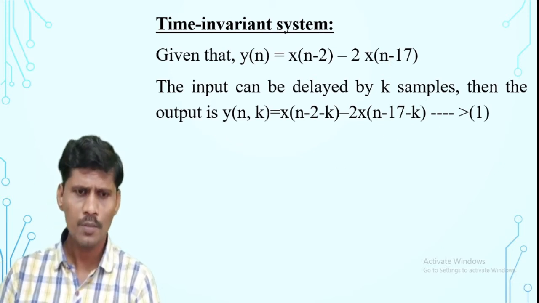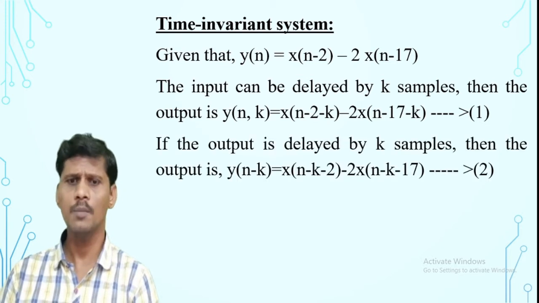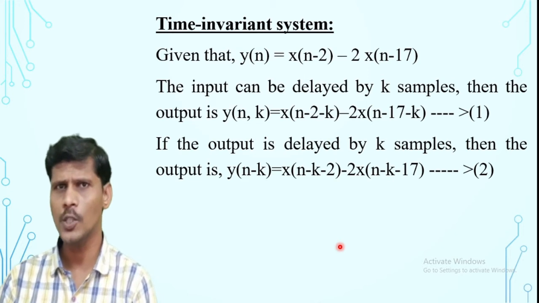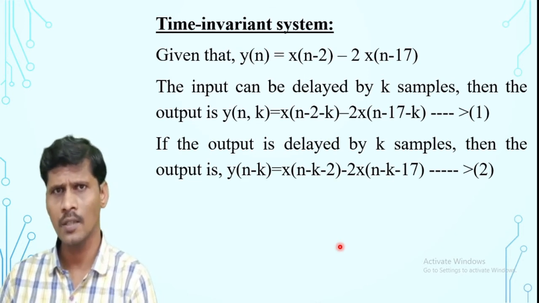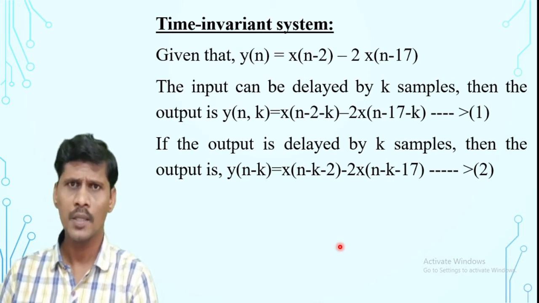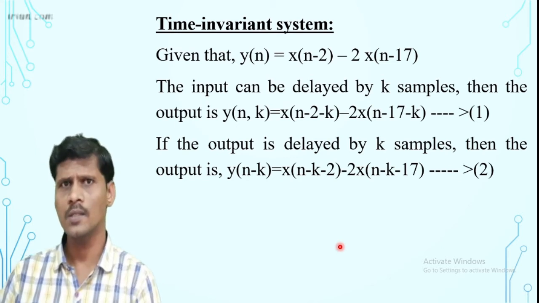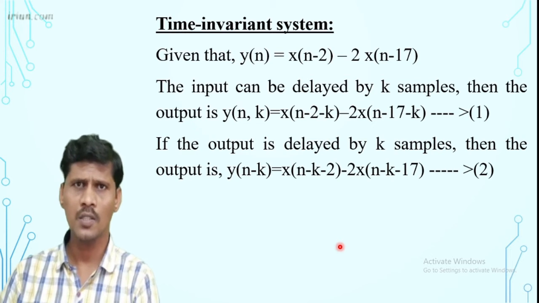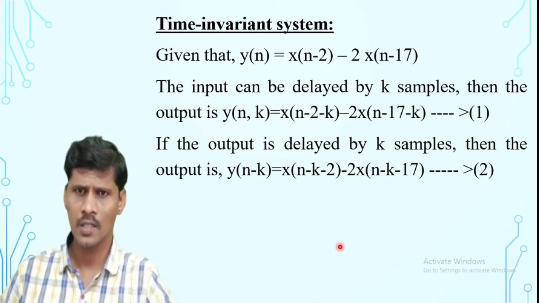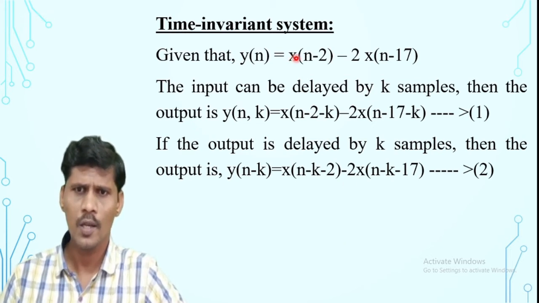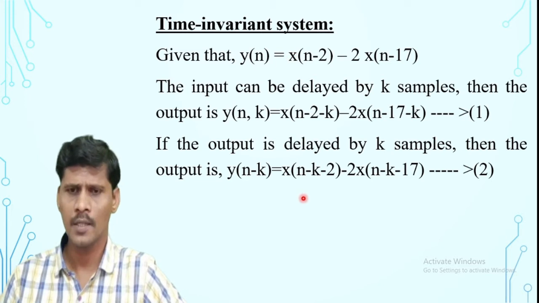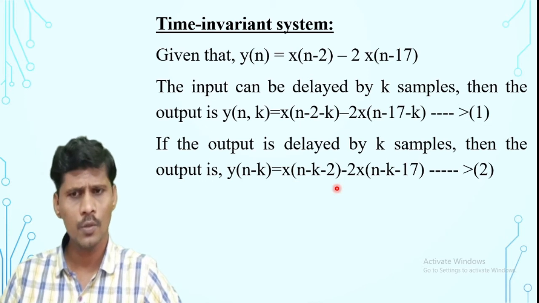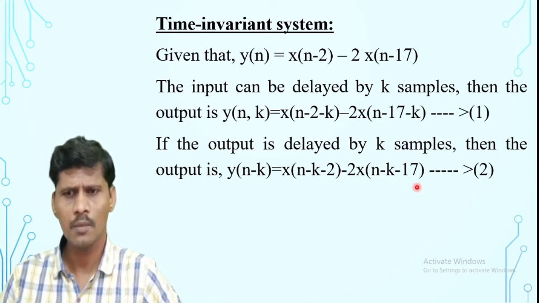And the output of the system is also delayed by the same amount of time, that is k samples. In this case, the output is denoted by y of n minus k. Y of n minus k can be calculated from the given sequence. In the given sequence, small n is substituted by n minus k, we get y of n minus k is equal to x of n minus k minus 2 x of n minus k minus 17.